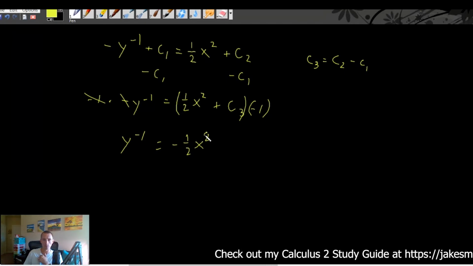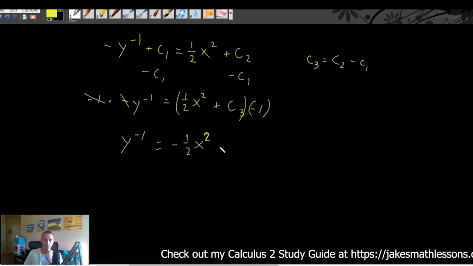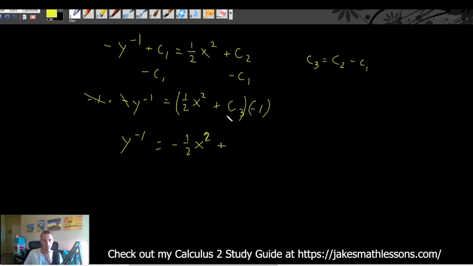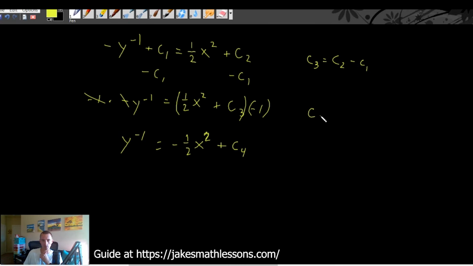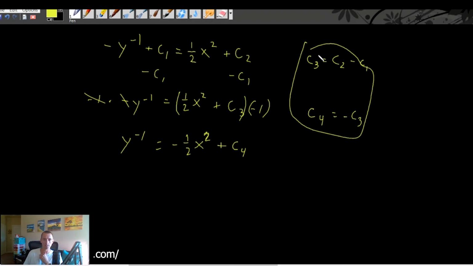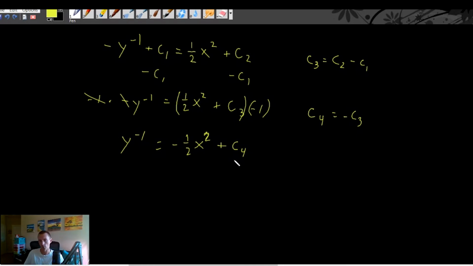And then what we can do here, we can either say minus C4, or just to keep it easy, having a plus C, we can introduce a new unknown constant C4, which like we did in the prior step, is basically just negative C3. But again, that doesn't really matter. We don't really need to keep track of this over here. That's just me pointing out that we're introducing new arbitrary unknown constants, so that we can keep it as just plus C. Just keeps it simple.